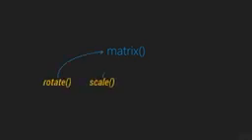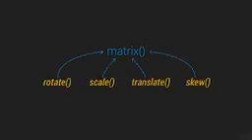So the matrix function is used for linear transformations and the matrix3d function is used for projecting 3D images. The matrix function integrates all the transform functions into one, that is rotate, scale, translate, and skew.